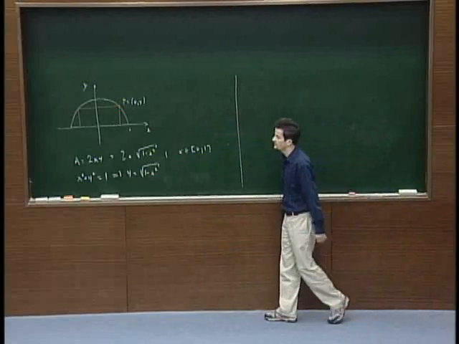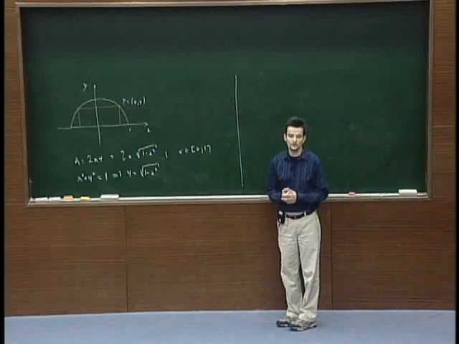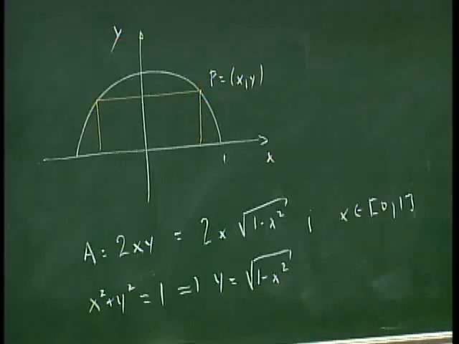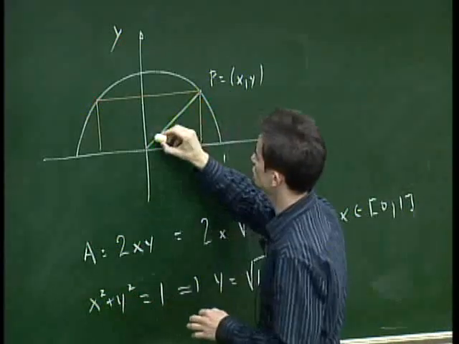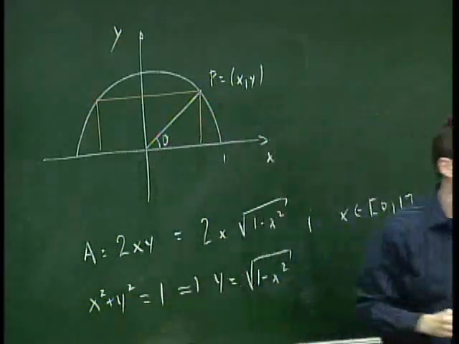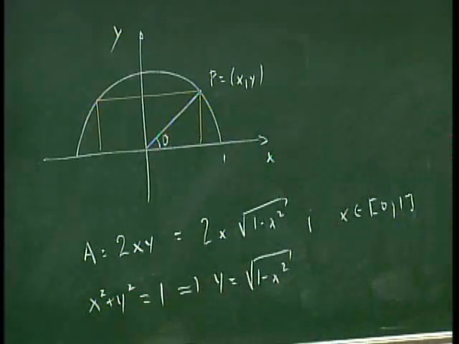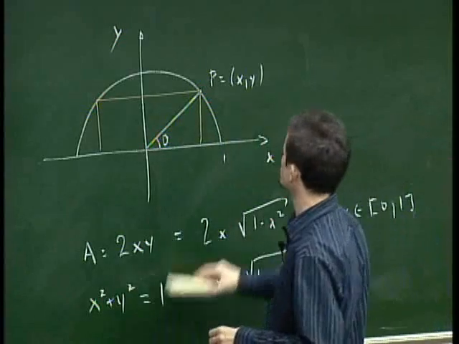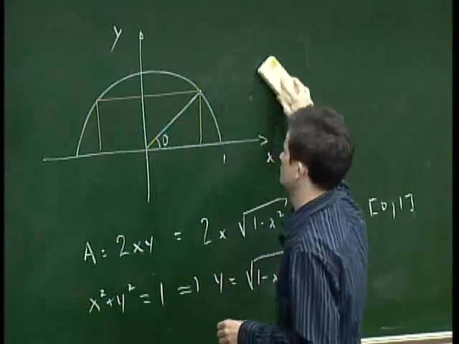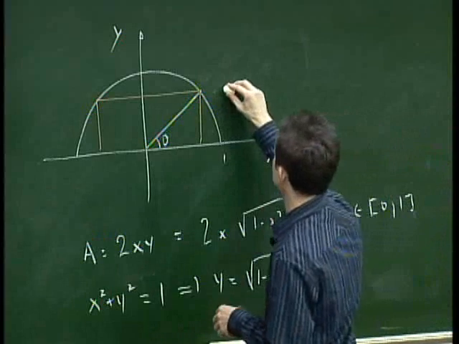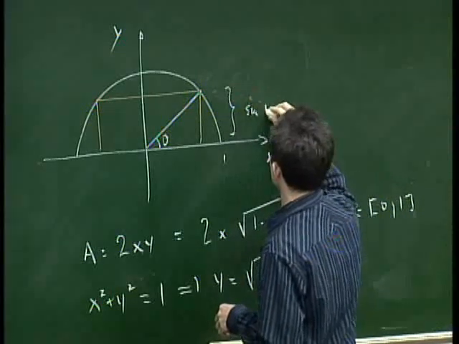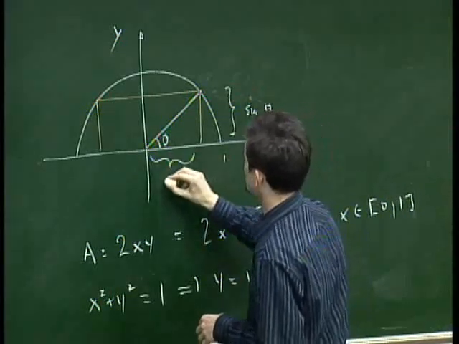For this example, you can completely avoid going into the theory of differentiation just by setting up the problem differently. For instance, one other possibility is to choose this angle here as your main parameter. So you do not look at this point here. If you do this, you see that this length here is the sine of theta, and this length here is the cosine of theta.